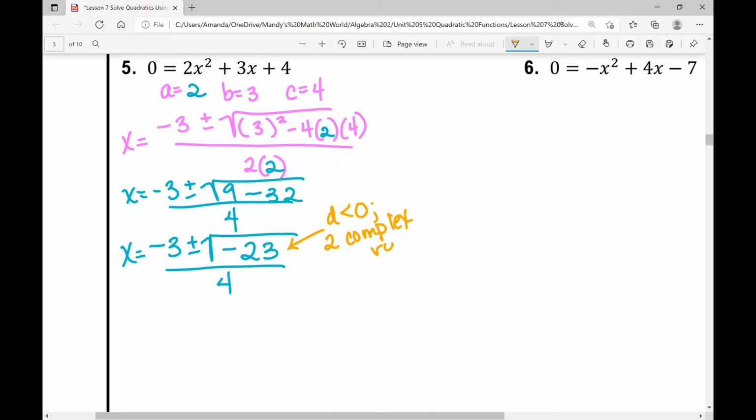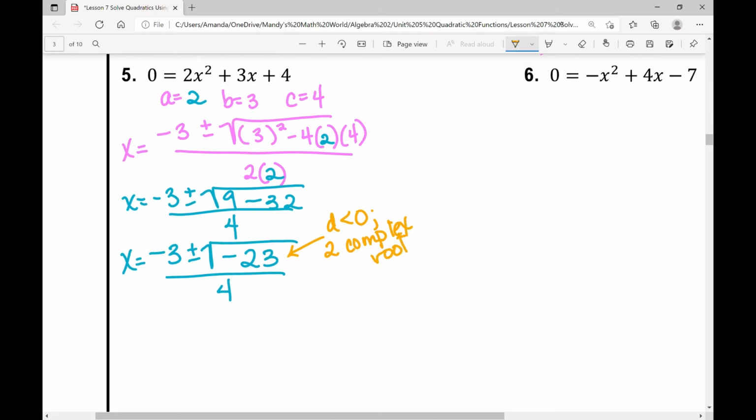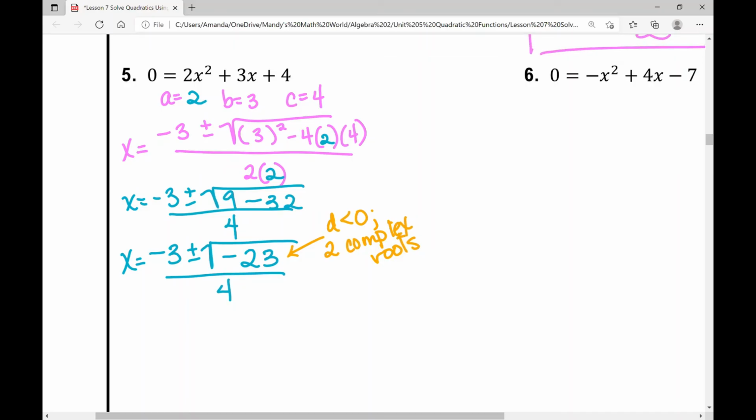That means that if you graphed this quadratic on a coordinate plane, it would not cross your x-axis, which means you don't have any real solutions. You have two complex solutions or complex roots. When you have a negative underneath your radical, you're going to pull the i out. You're going to have an i somewhere in your answer. Because, remember, i is the square root of negative 1.